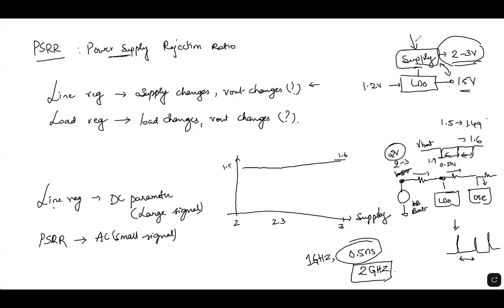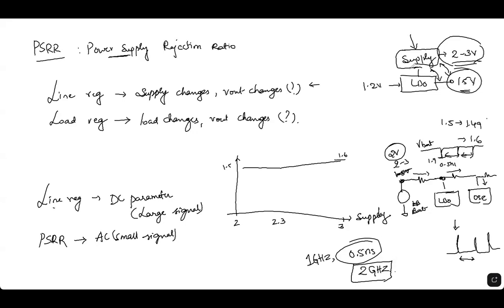Now, why are we really analyzing this, right? Ideally, our supply must be clean, ideally. But it doesn't happen in a real life scenario. We will see some noise on the supply. And as the supply is what we are deriving the output voltage of 1.5 from for the LDO, there will obviously be some coupling.